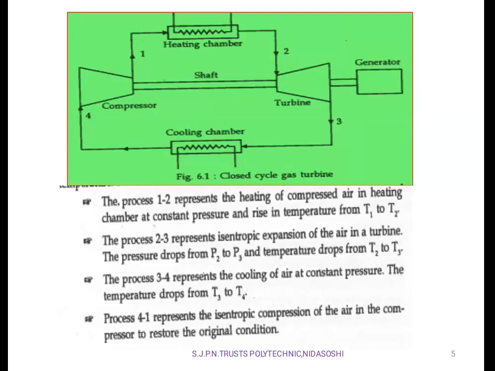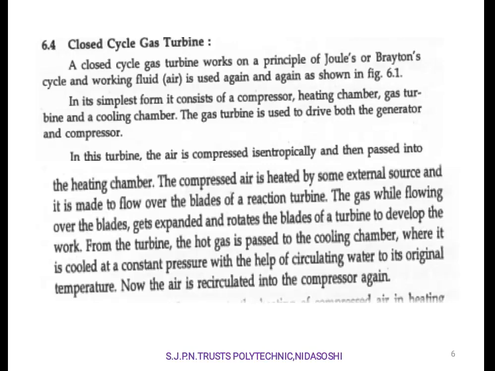How it works is explained here. The closed cycle works on the principle of Joule-Brayton cycle. Working fluid is air. It has a compressor, heating chamber, gas turbine, cooling chamber, and the gas turbine is used for driving both the generator and compressor. Compressed air is passed into the heating chamber. Compressed air is heated by some external source and made to flow over the blades of the reaction turbine.